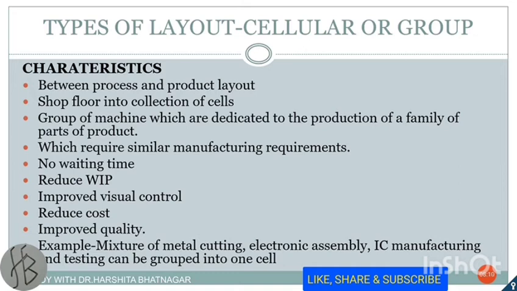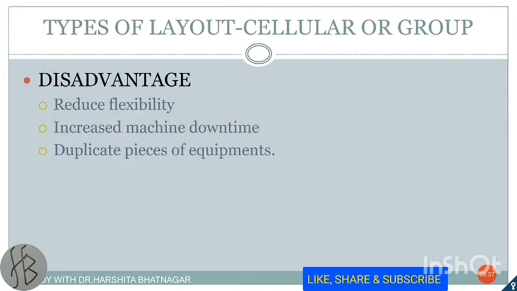It means whenever you are keeping the machines related to the production of the parts of the product together, it is called cellular layout. One part is produced and tested in one cell, then it goes for assembly to the final product. So this type of arrangement is called cellular or group layout.